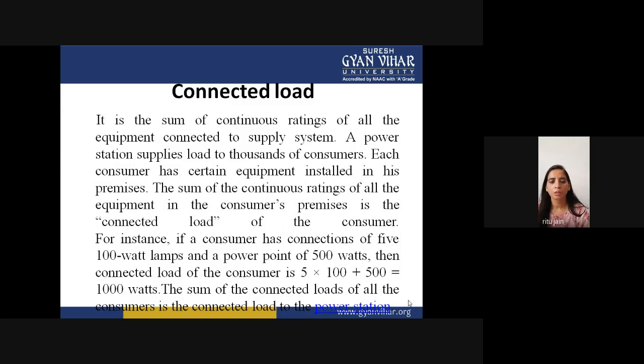The sum of this total load, 500 watts plus 500 watts, becomes 1,000 watts. The sum of the connected loads of all the consumers is the connected load of the power station. So the connected load for this consumer is 1,000 watts, right?